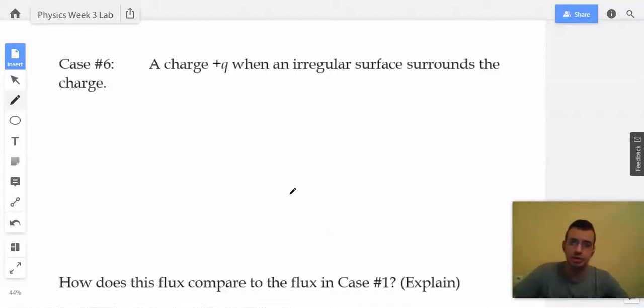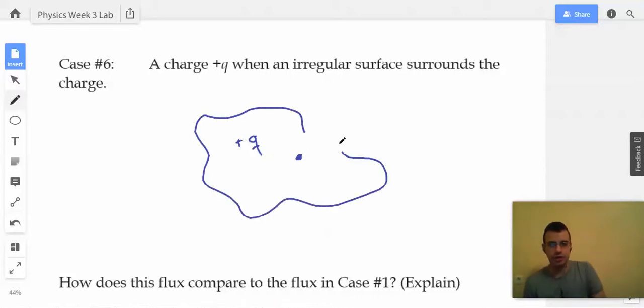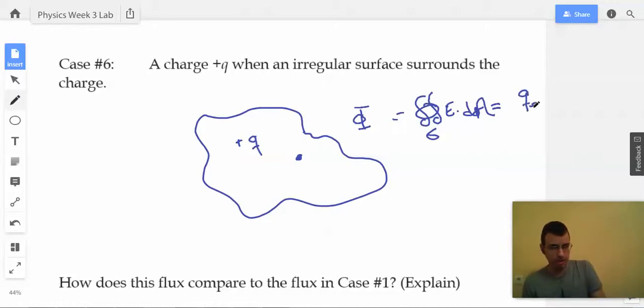A charge plus Q when an irregular surface surrounds the charge. All right, so we got our plus Q right here, and we have the funny shape, but we know that it is a closed surface. Oh, sorry, make that a big A. So looking at flux, just rearranging the equation a little bit, we have a Q here.